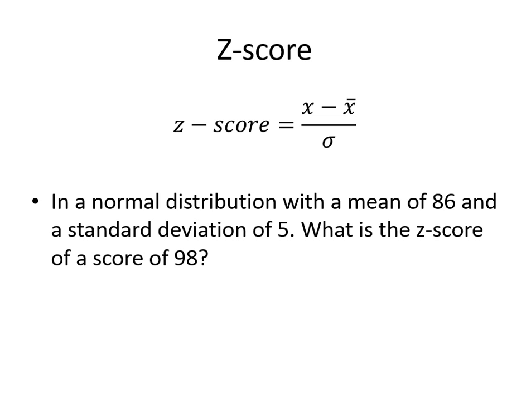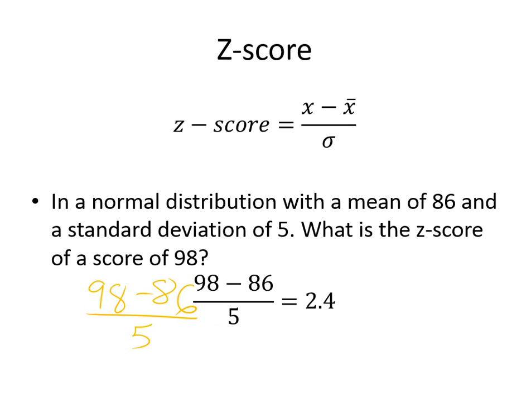So here, in a normal distribution, the mean is 58, and the standard deviation is 5. What's the z-score for a score of 98? If we plug everything in, this should be kind of review. We talked about this a little bit ago. It would be 98 minus 86 all over 5, which gets you about 2.4. So you're about 2.4 deviations away.